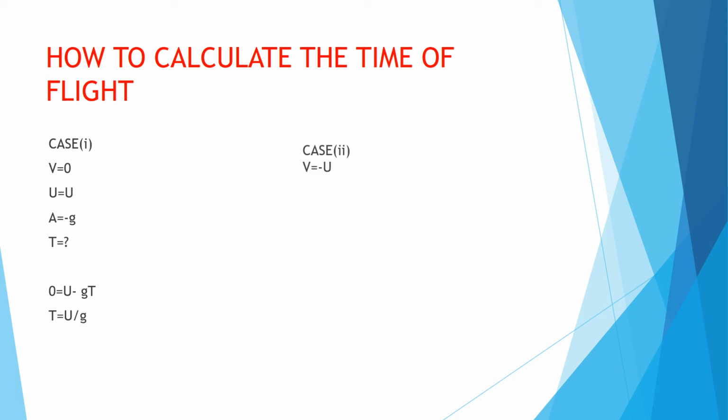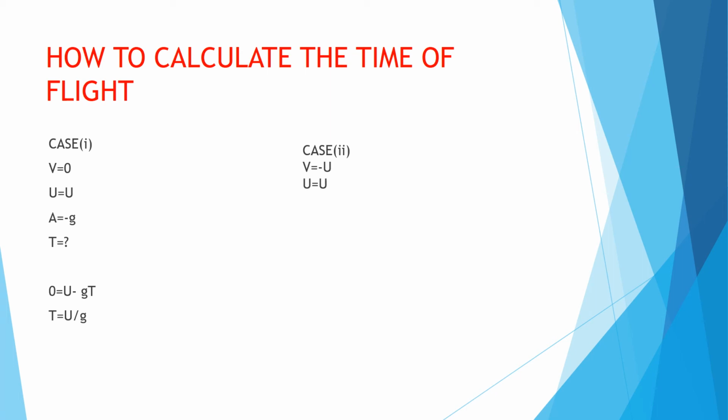The final velocity is equal to negative u, because when you move upwards, because of the acceleration, the body speed reduces constantly. Then while coming down, again because of acceleration, it increases constantly. So at the starting point, its velocity will be the same but in the negative direction.